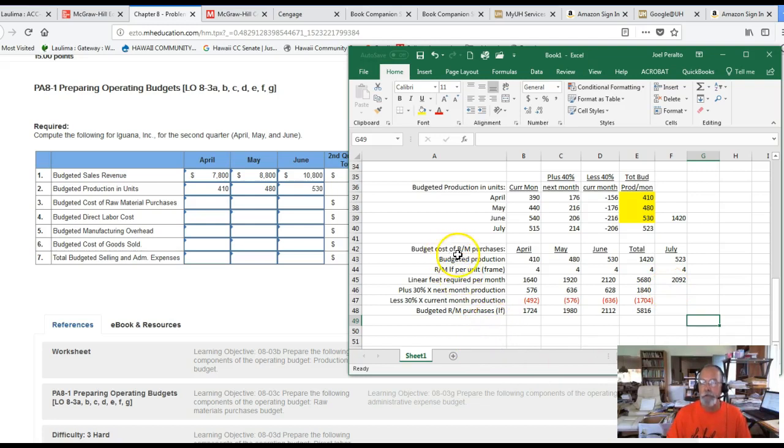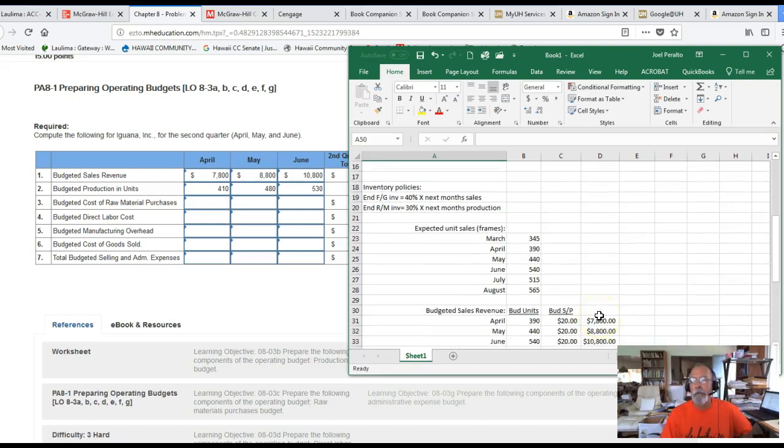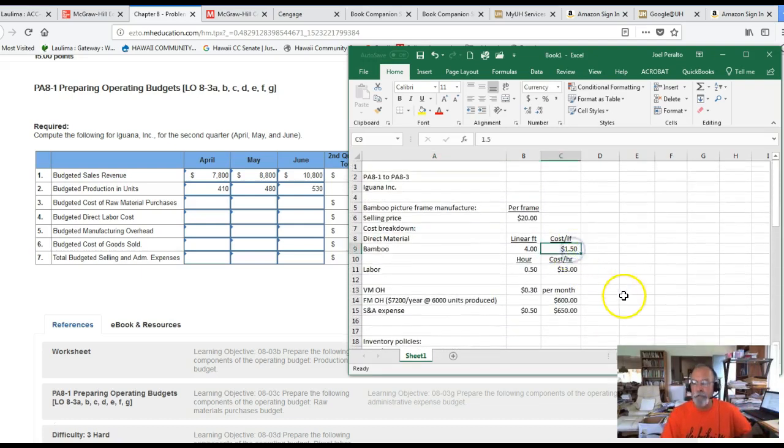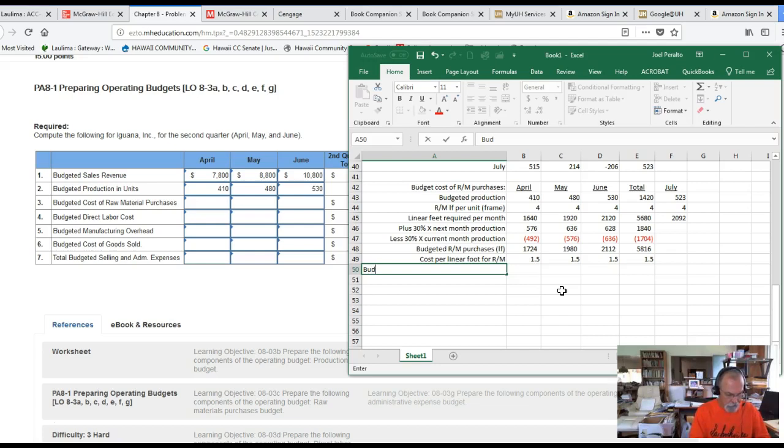And what do we want? Budgeted cost of raw material purchases. So we need to apply the cost per linear foot for raw materials. Cost per linear foot. And let's see, that was $1.50. So this would be our budgeted cost of raw materials purchases.